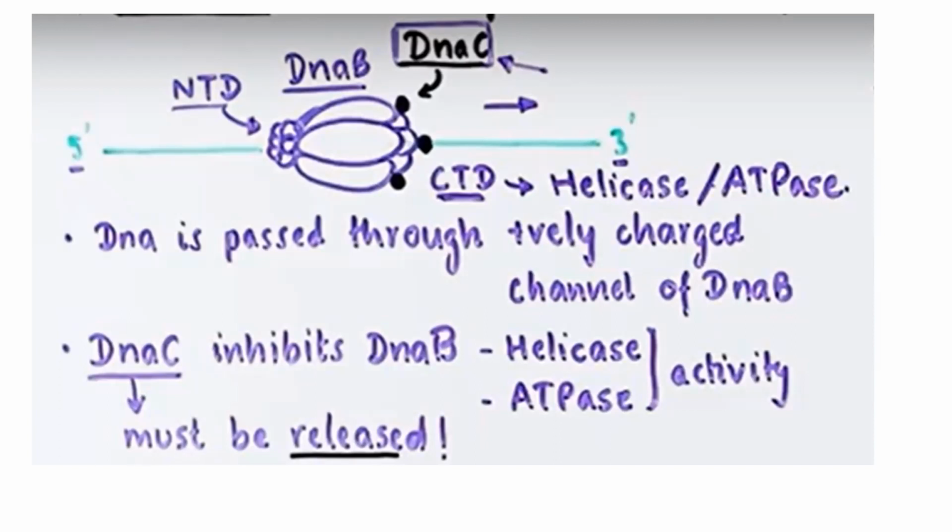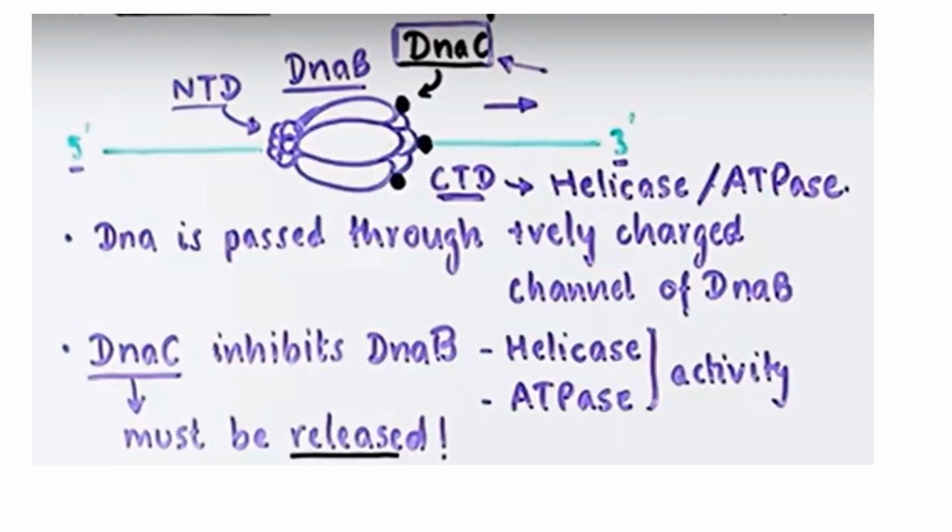And this release occurs due to the recruitment of DNA-G, which is a primase protein that all of you know. So in simple terms, we can call it that the recruitment of DNA-G kicked DNA-C out of DNA-B.